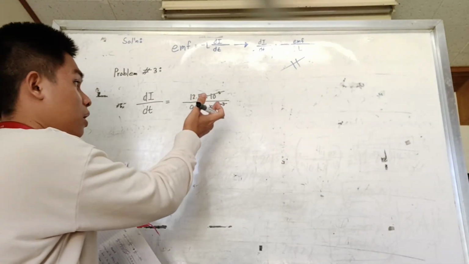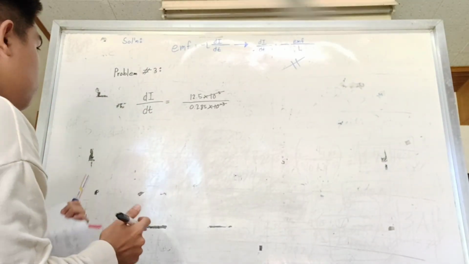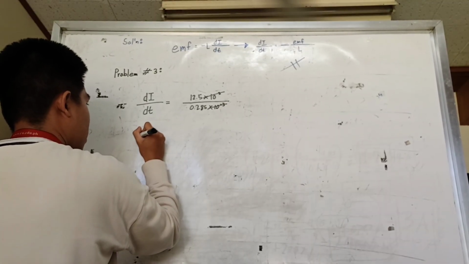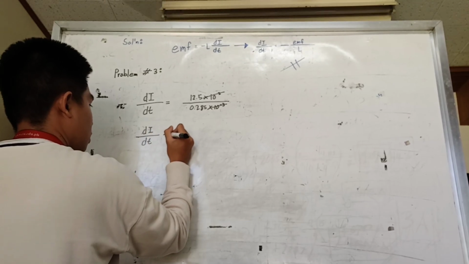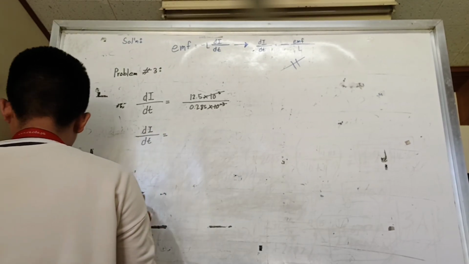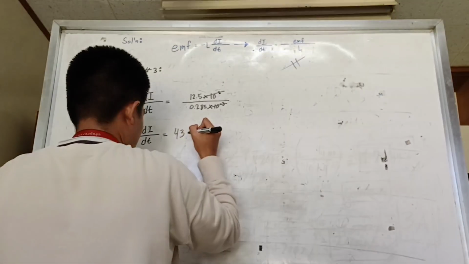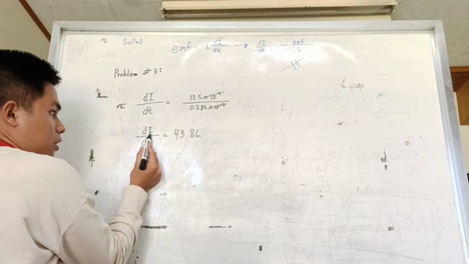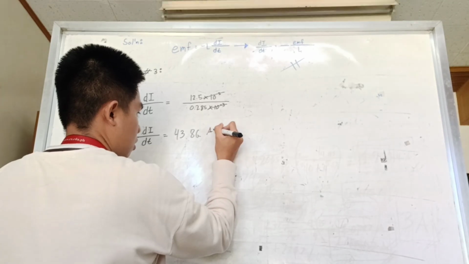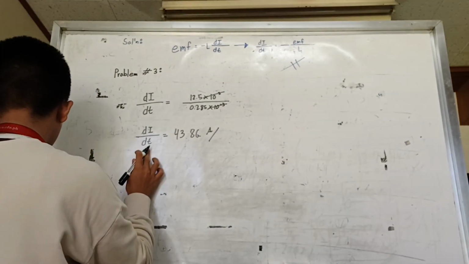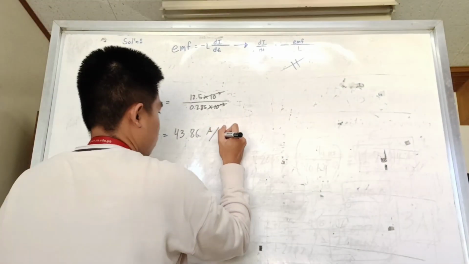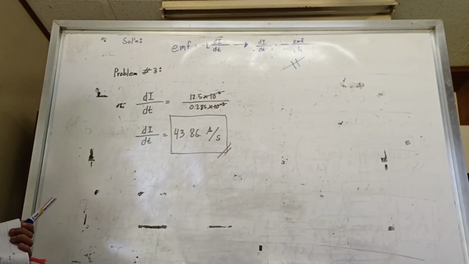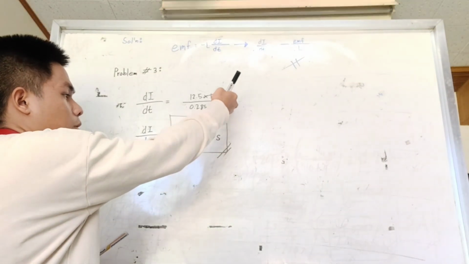So this will be the given of our problem. Now we need to solve it. di over dt equals, calculating, 43.86. The current is in amperes over time, which is the rate of change, meaning seconds. So this is our total for problem 3.